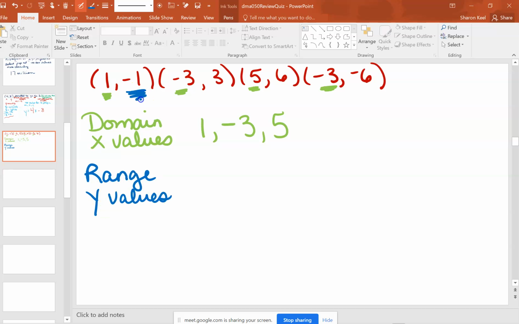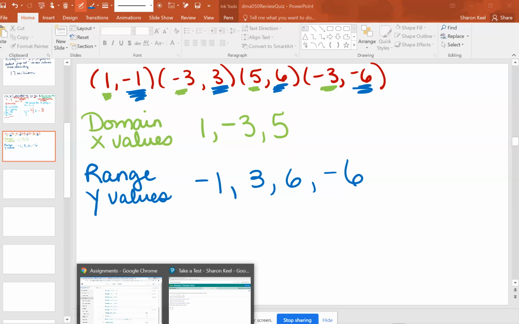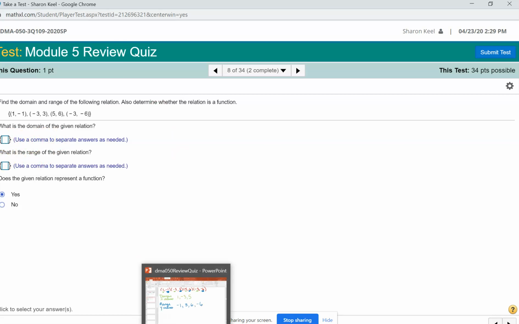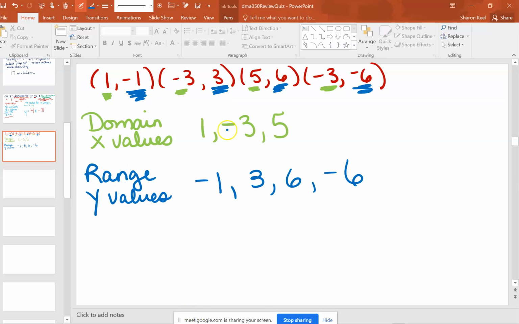So my y values are -1, 3, 6, and -6. None of those are repeated, so we just list all of them. When you do your answers for these, do not put any punctuation around them. Notice they have their own bracket that's here. If you put parentheses, it'll be marked wrong. So all you're going to do is list the values, putting only a comma in between.